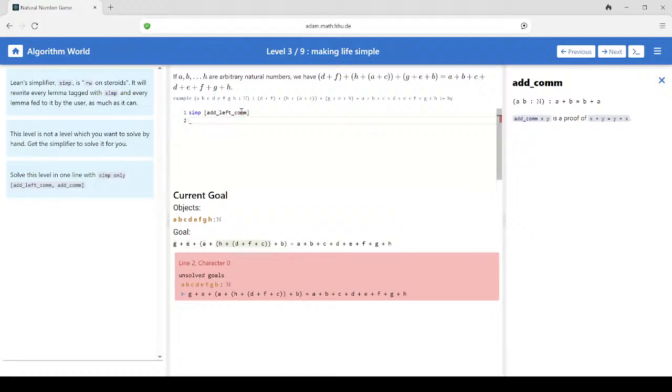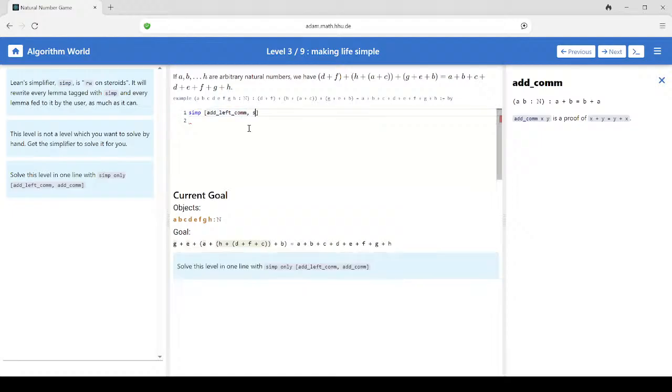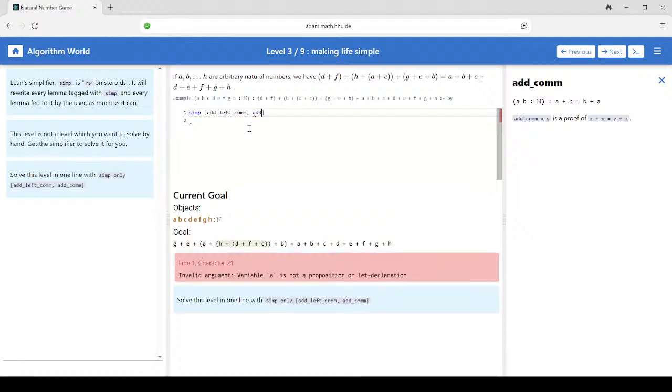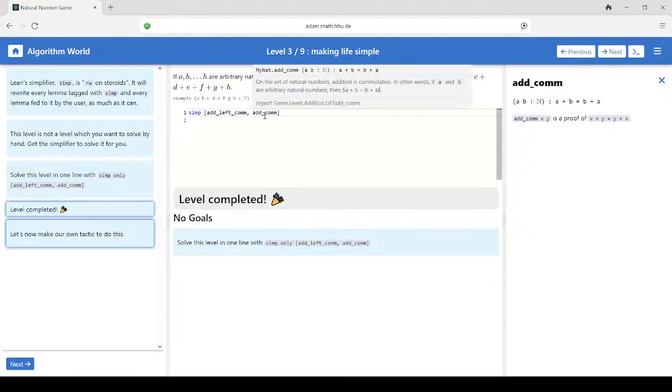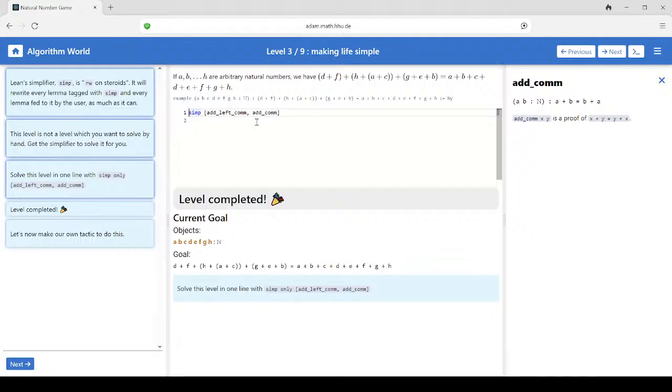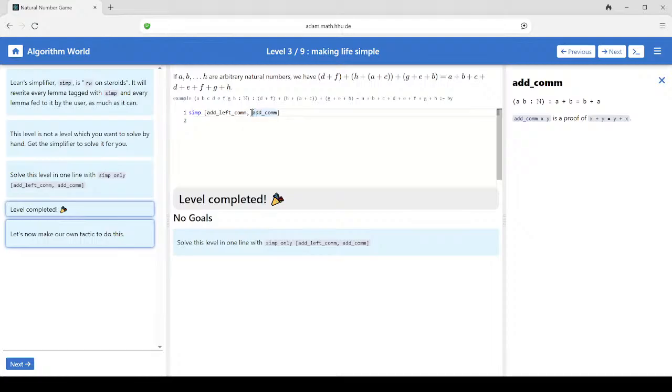But if I do it as a simp, wait, that solved it without even having to... I don't understand how simp solved it.